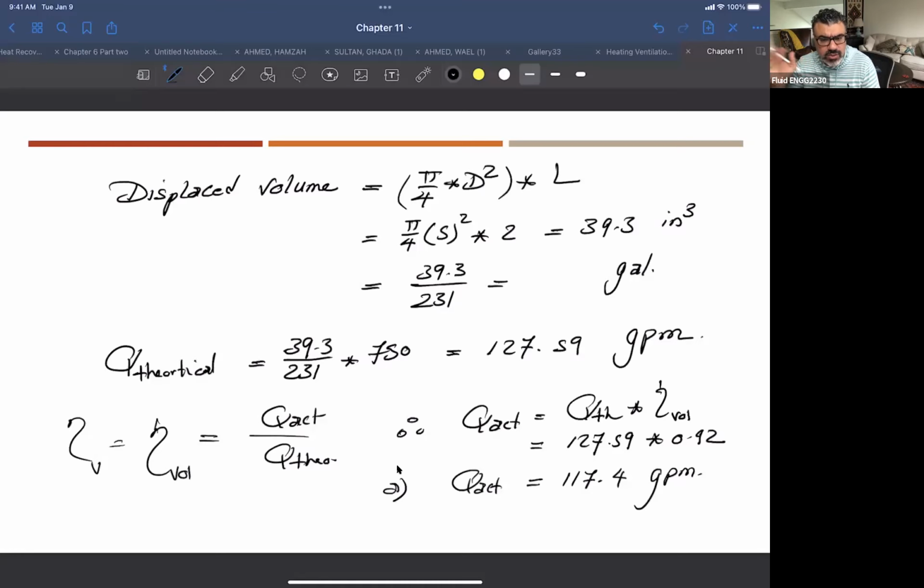This is the stuff we have to consider. What is a pump head, and these kinds of things. Okay. Any questions, guys? No questions?